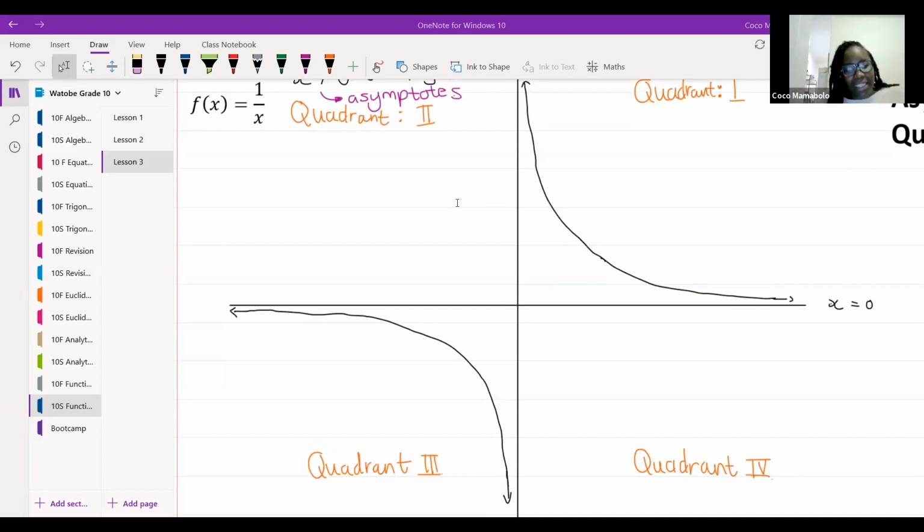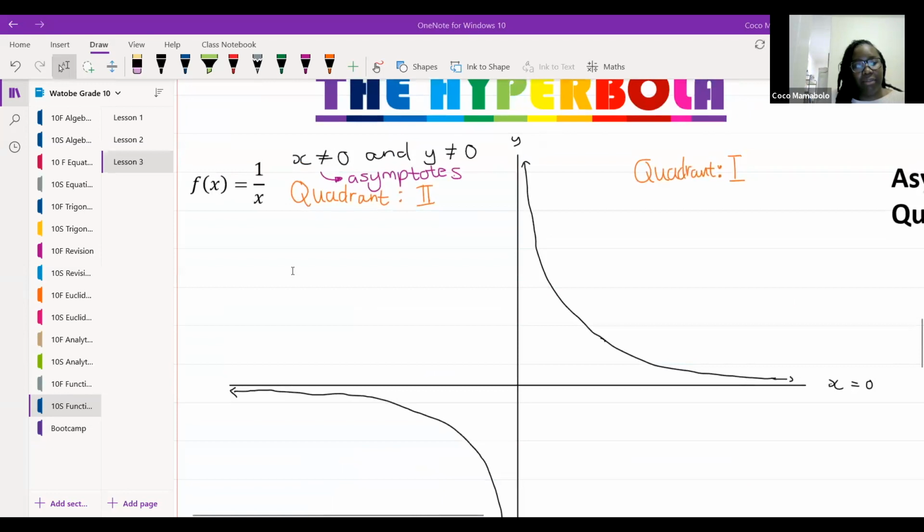As Jasmine has explained, these quadrants actually mean something. They help us to understand the positives and the negatives of things. Now, you will note that this f of x that I've drawn here is positive. F of x is equal to positive 1 over x.